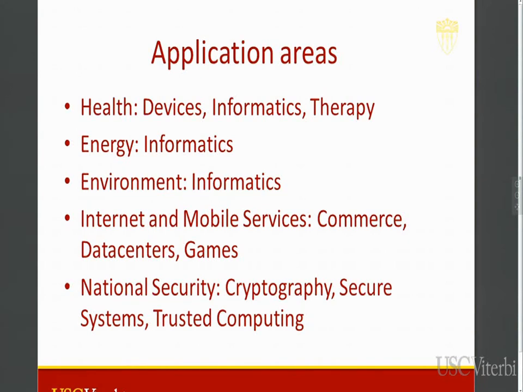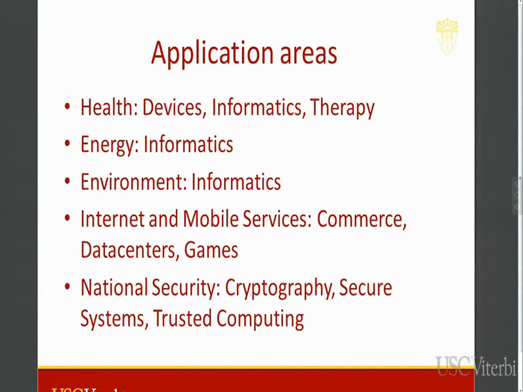And I'm naming here 5 major areas: health, energy, environment, internet and mobile services, and national security. These are areas that are very much in the news today and areas that, in fact, are being transformed because of computer science. Many of our faculty work on research projects at the intersection of health and computer science, or energy and computer science, or the environment and computer science.